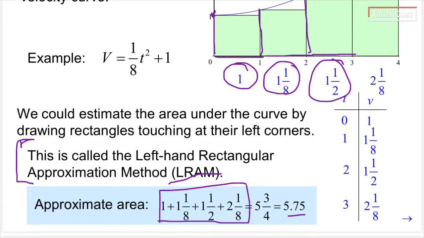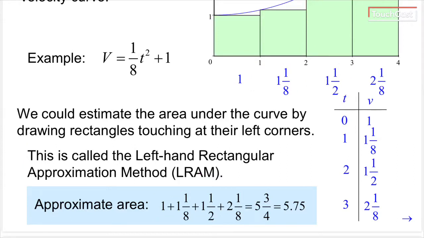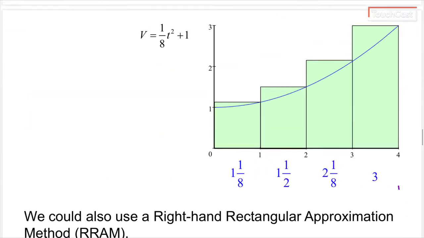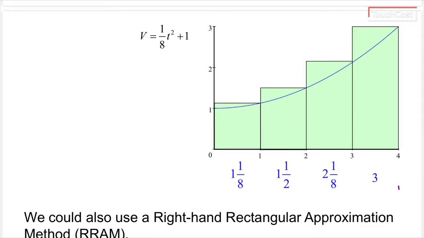So you can imagine I might do the same thing, but have the rectangles touch at their top right corner. So let's see what that looks like. You can see these rectangles happen to be a little bit too big because I'm letting them touch at their top right corner. So every single one of these rectangles has a little bit of an overestimate of the area it's meant to cover.